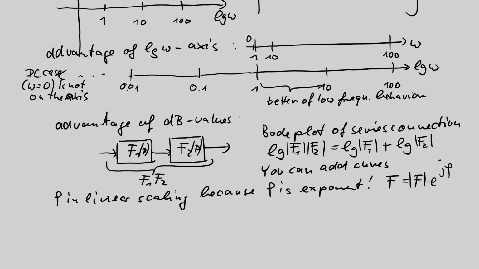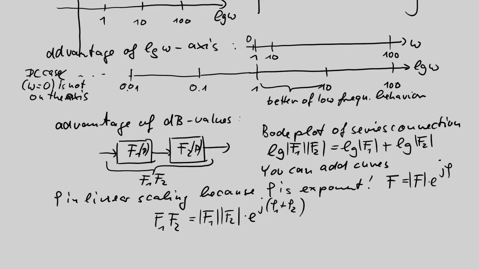That means f1 times f2, the product of two functions, is f1 magnitude times f2 magnitude times e to the power of j phi 1 times e to the power of j phi 2. And if you multiply two exponential functions, you know you have to add the phase values.